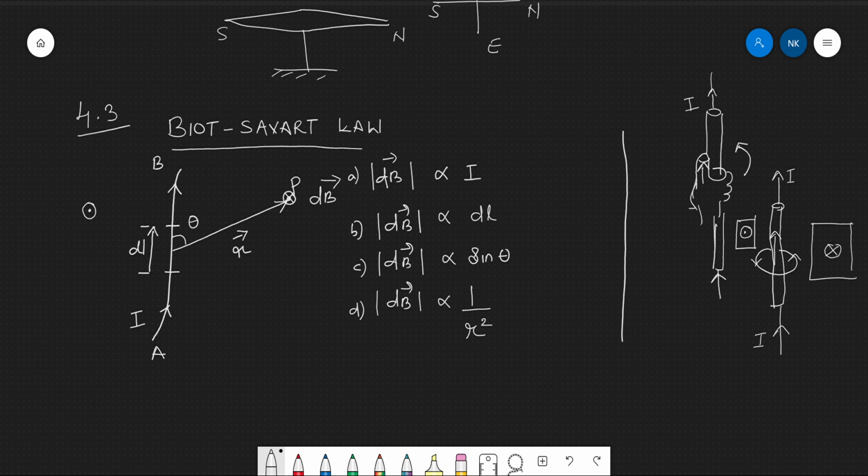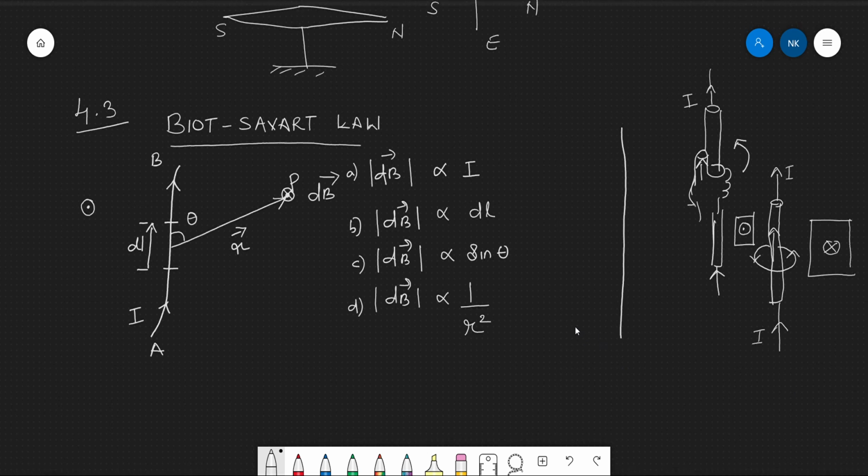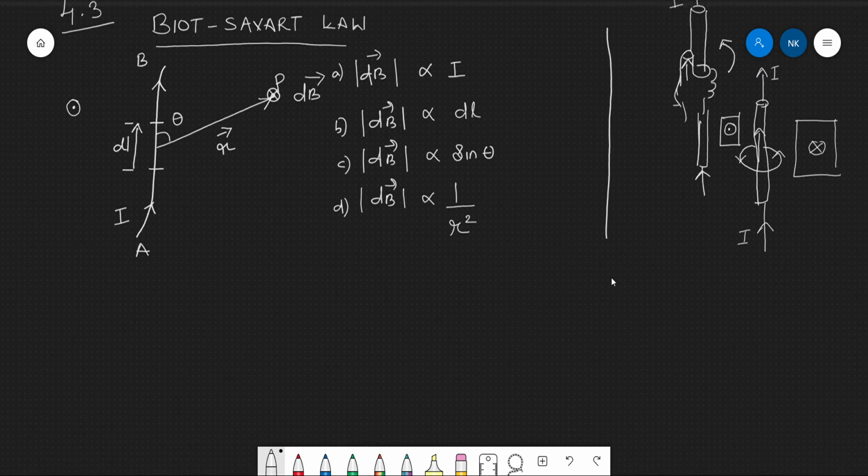Once we combine these four statements, we can write dB proportional to I dl sine theta by r square.